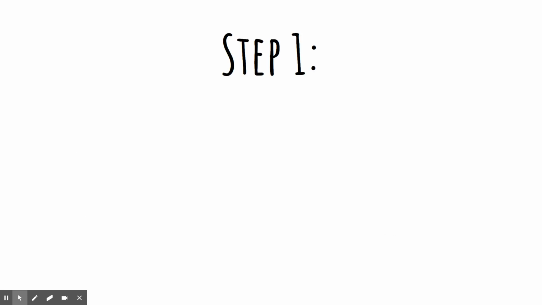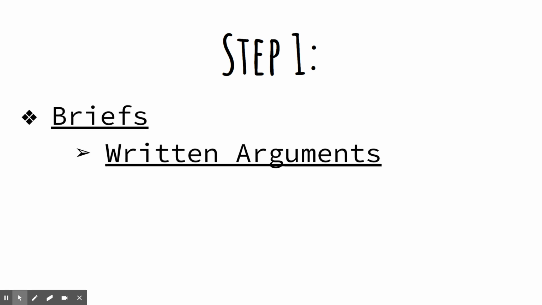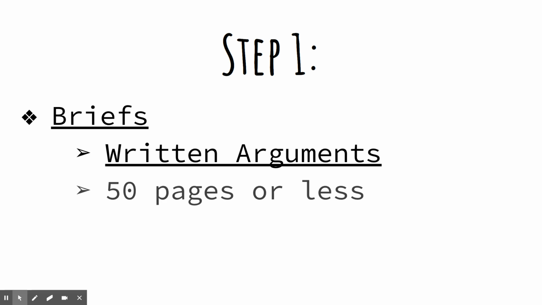So when we're talking about getting a case before the Supreme Court, this happens in several steps. Step 1, the parties have to write briefs. Okay, these are written arguments. They have to be 50 pages or less.